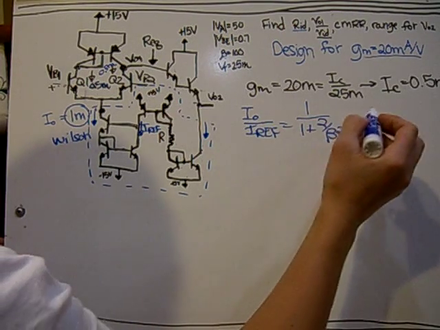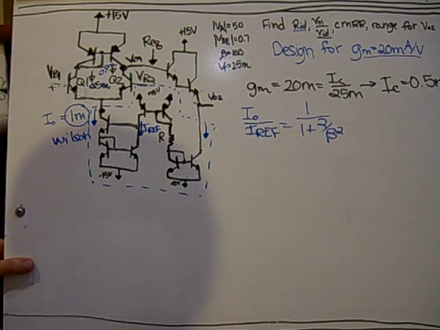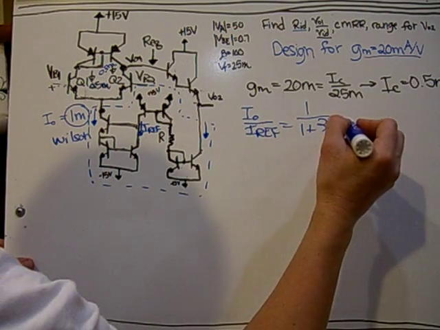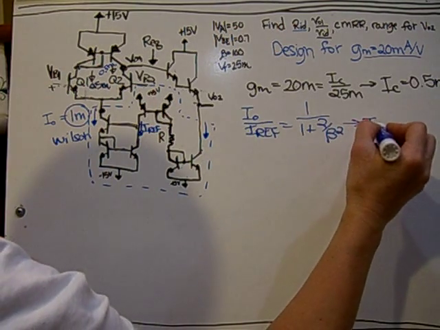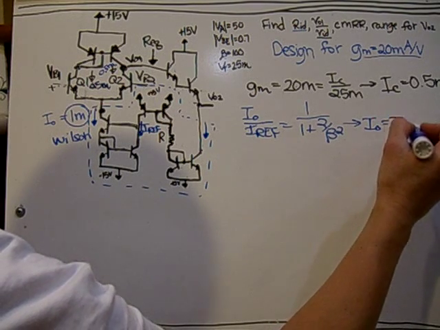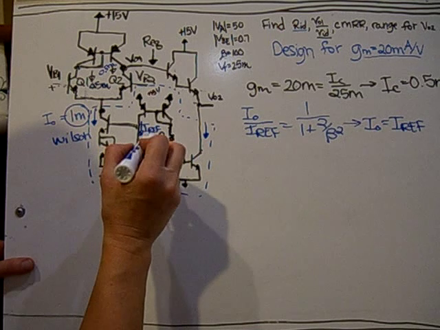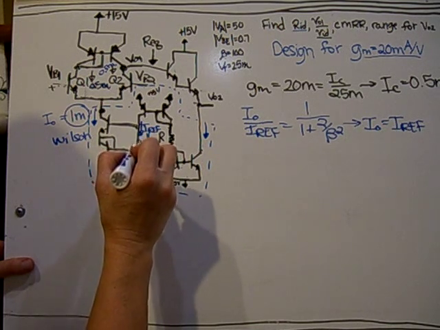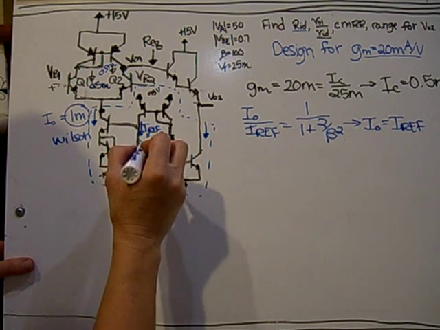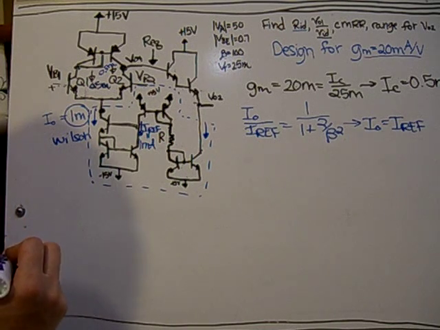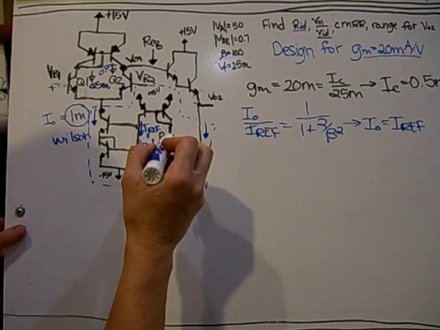Multiplying this out, it ends up being 0.998, which is really, really small, and so will not be a factor, and so I naught will equal I ref in this example for the Wilson, and that's the benefit of the Wilson. It's more accurate than the simple BJT diff amp. So this one is pretty close to 1 milliamp, so I'm going to assume it is.